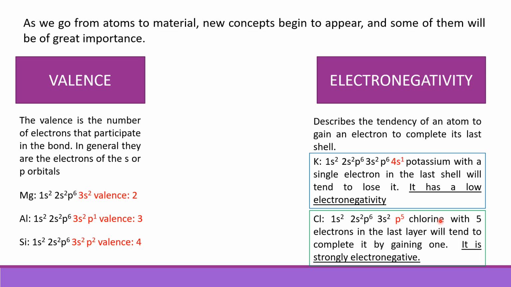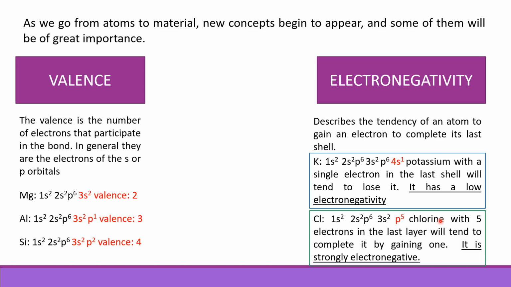As soon as they can, these atoms are going to lose this extra electron. So the electronegativity is very low, because the tendency is not to catch more electrons, but to lose the extra electrons they have.